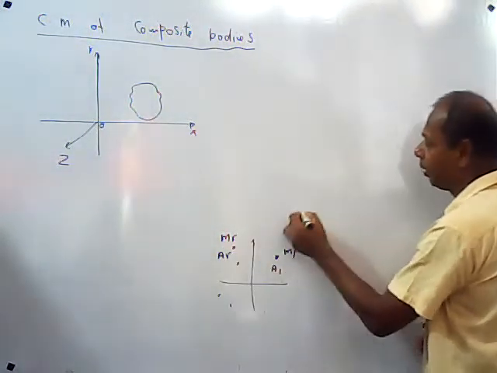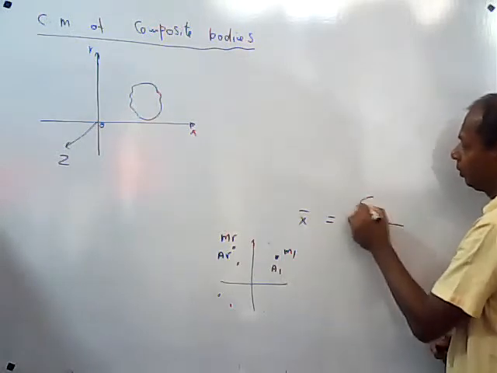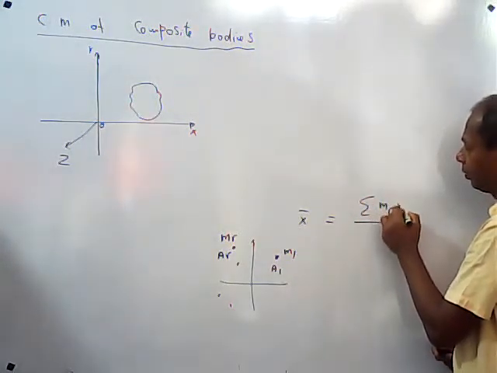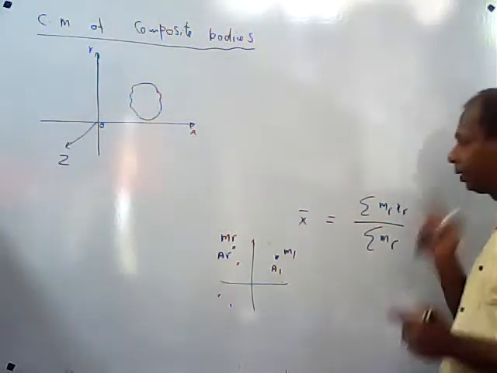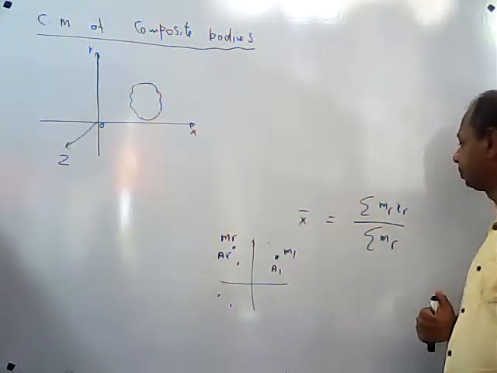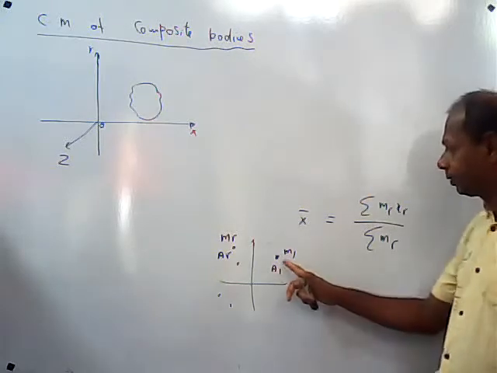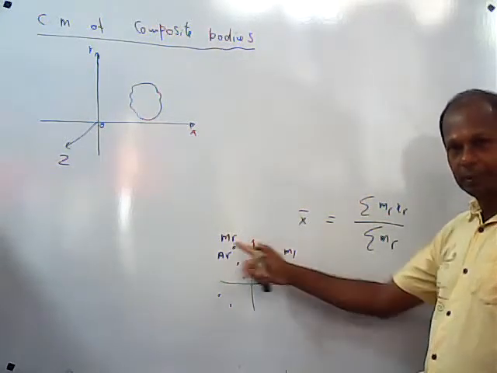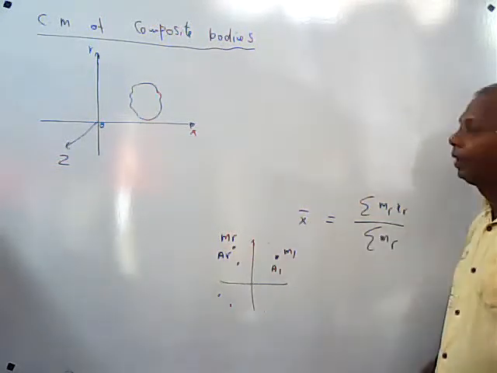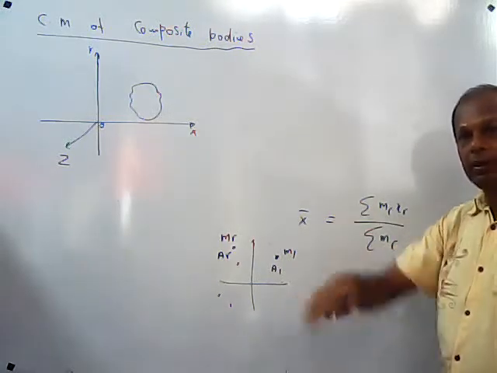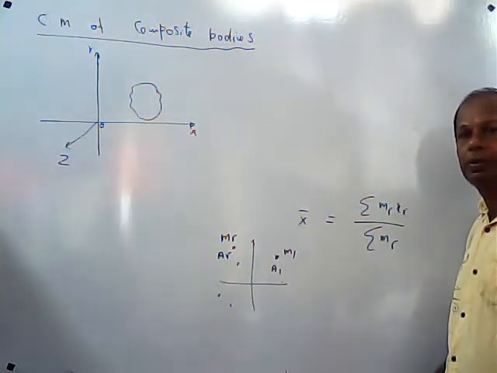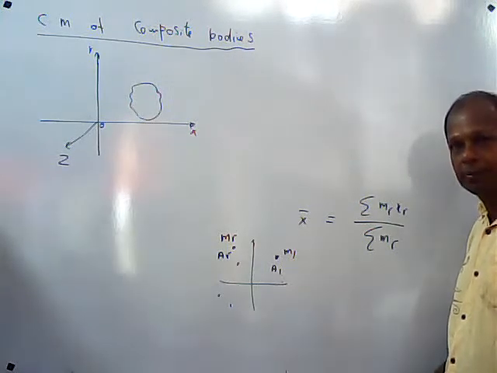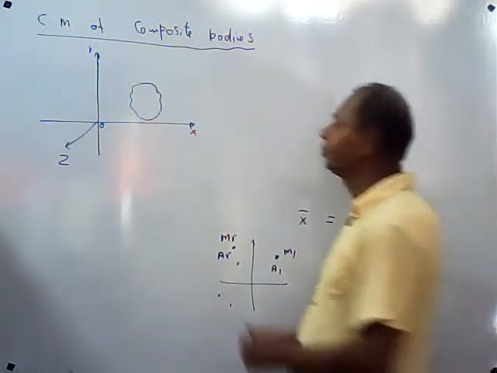So we defined x bar equals sigma mr xr over sigma mr, where mr is the point mass as r goes from 1 to n, right? Then in the next step, we found the center of mass of some standard bodies, regular shapes.